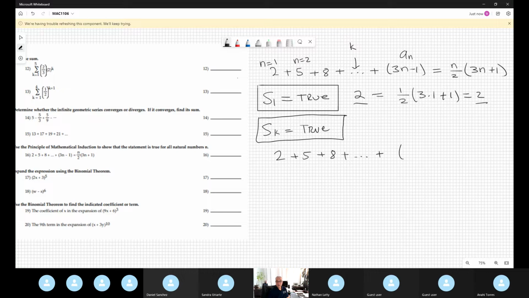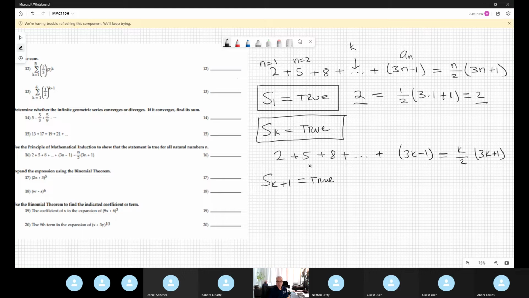And the last term is 3k minus 1. It should be equal to k over 2 times 3k plus 1. Yes, I assume that this is true. If using this equation you prove S sub k plus 1 is also true, then it propagates as true forever to infinity, and you finish the proof.